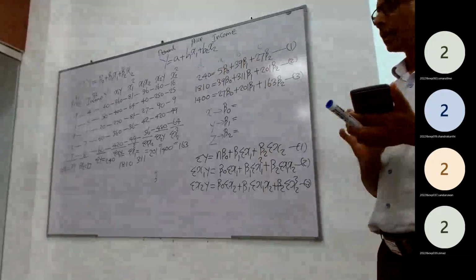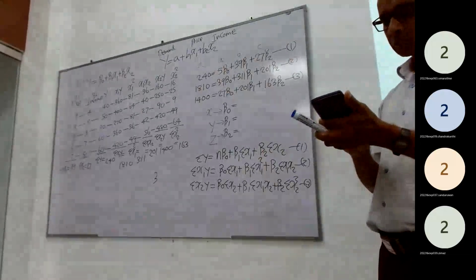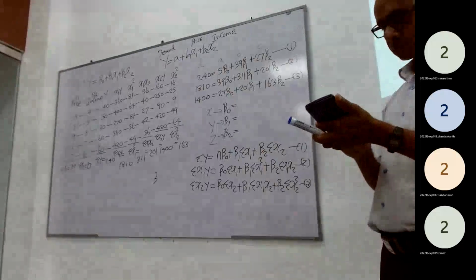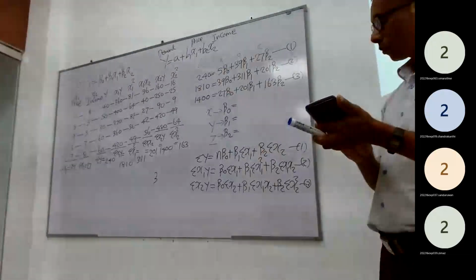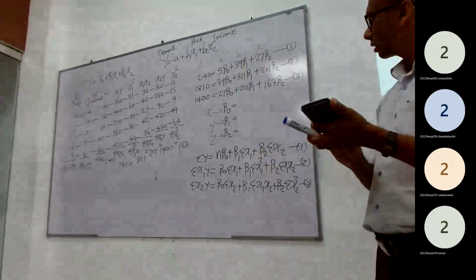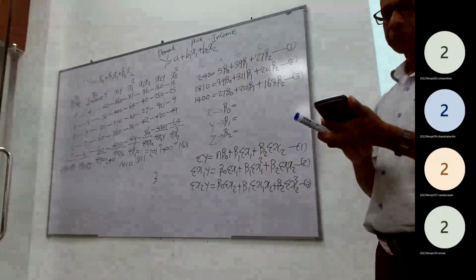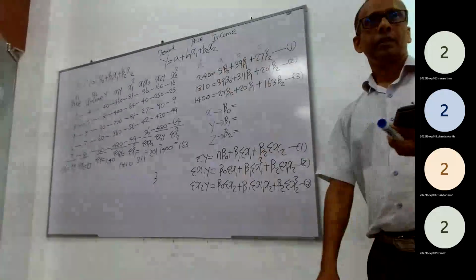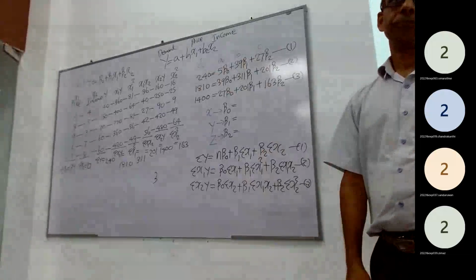If there is a problem, please ask. Third: 27, 201, 163, 1,400. I entered all these data.